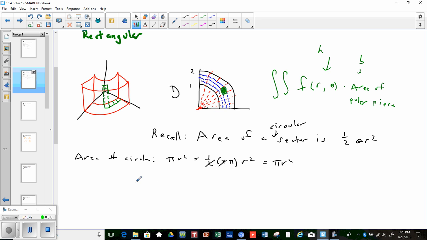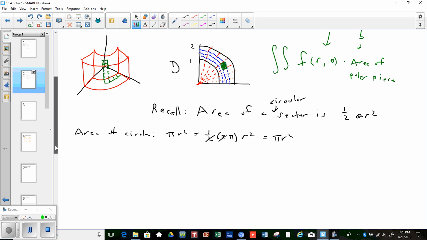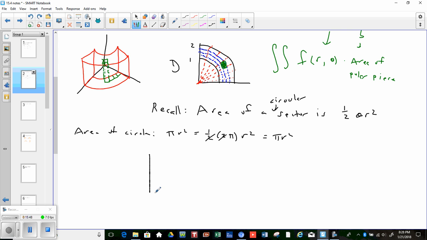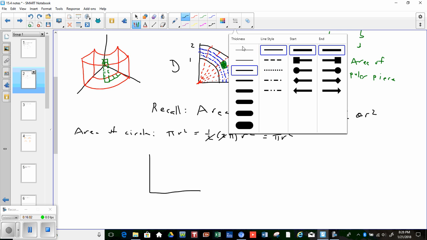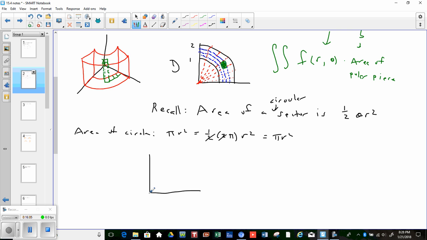So in general, this is what we need to be thinking about. If I want to find the area of that green piece right there, we're just going to isolate the sector that has that green piece in it. It's going to be created by having one piece here and then one piece here.